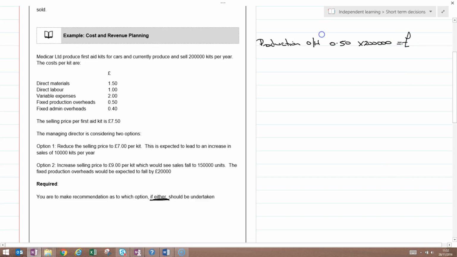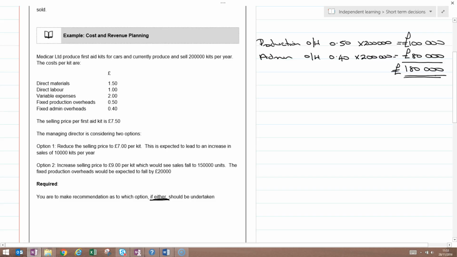So that comes to £100,000. Admin overheads, 40p, again 200,000 units, comes to £80,000. So our fixed overheads are £180,000.